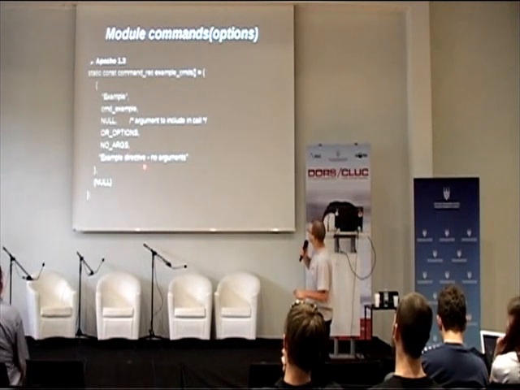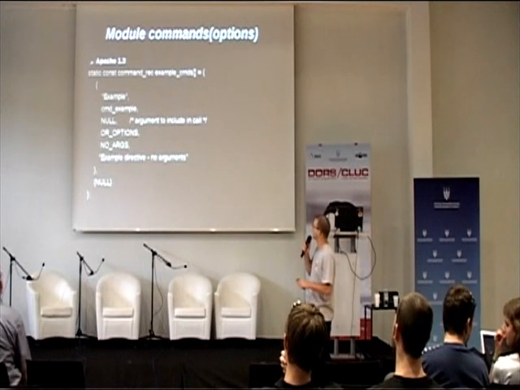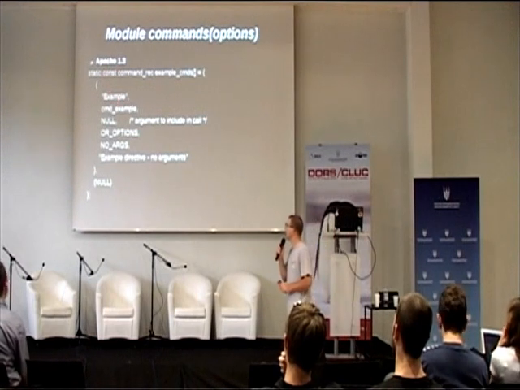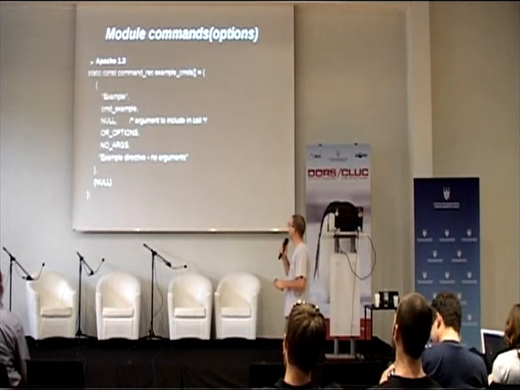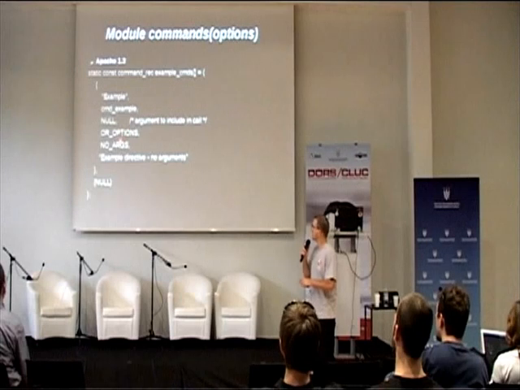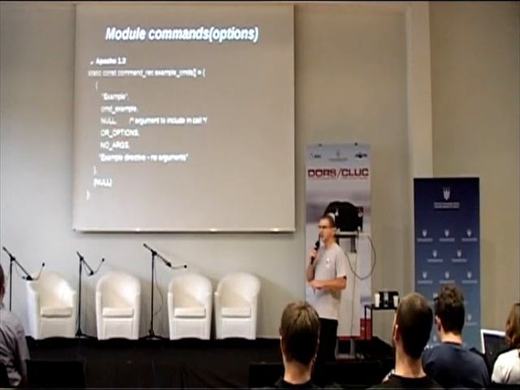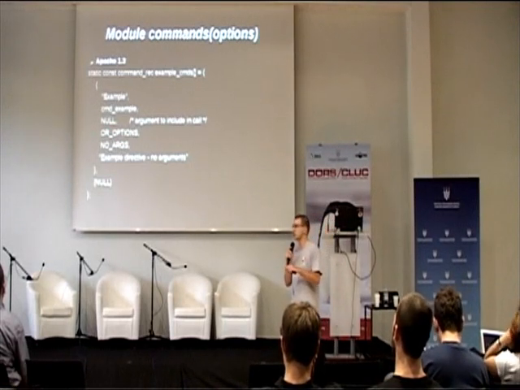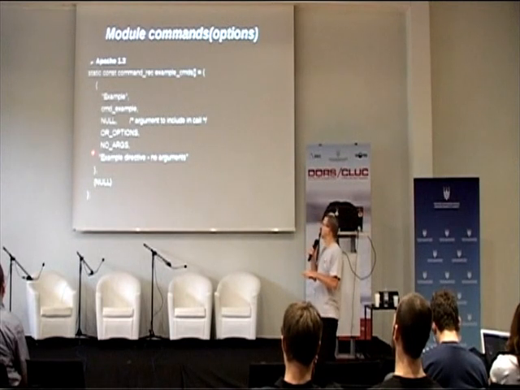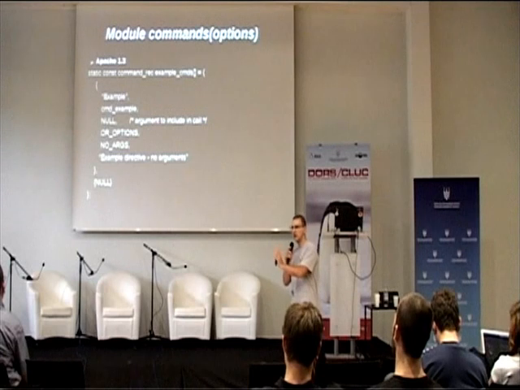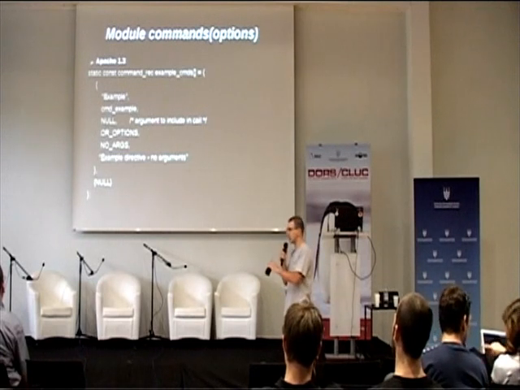In this case, I will check only for the existence of example in httpd.conf. And here I say where in the configuration my option should be, and that my option example would not have any arguments after that.